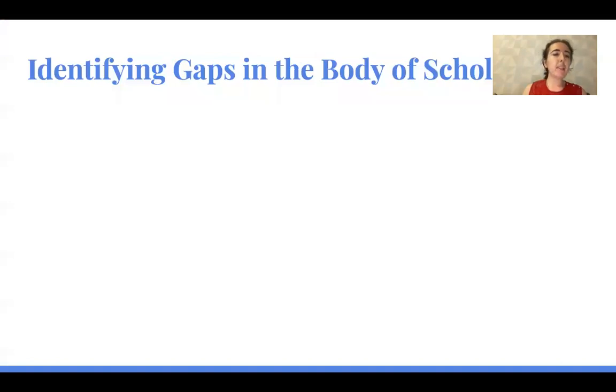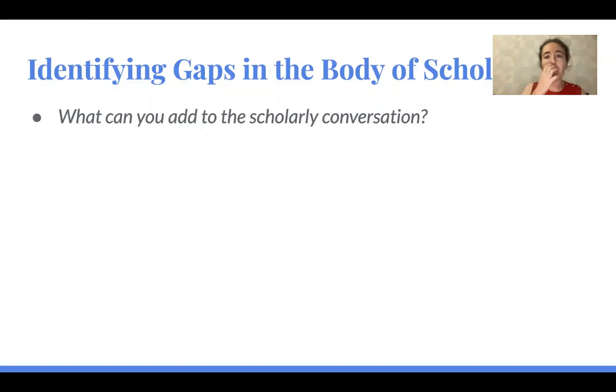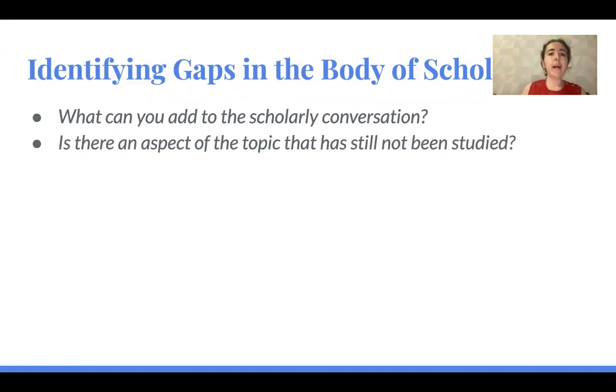All right, so I want to expand on identifying gaps in the body of scholarship. We talked a little bit about that in the last slide, but what can you add to the scholarly conversation? Is there an aspect of the topic that still has not been studied? Ideally, your research fits in perfectly to that gap.